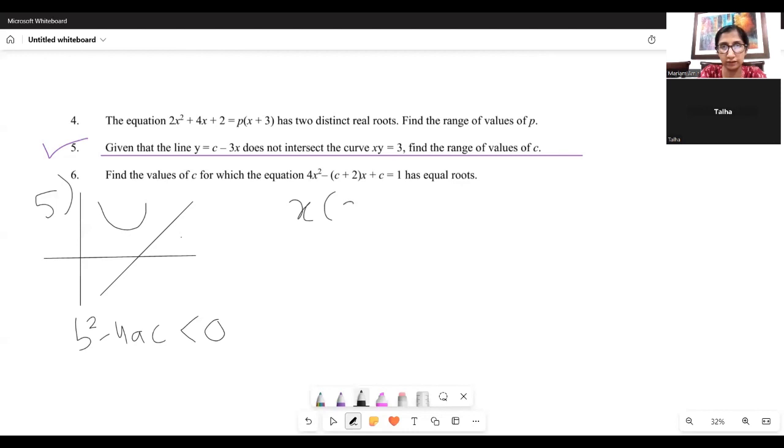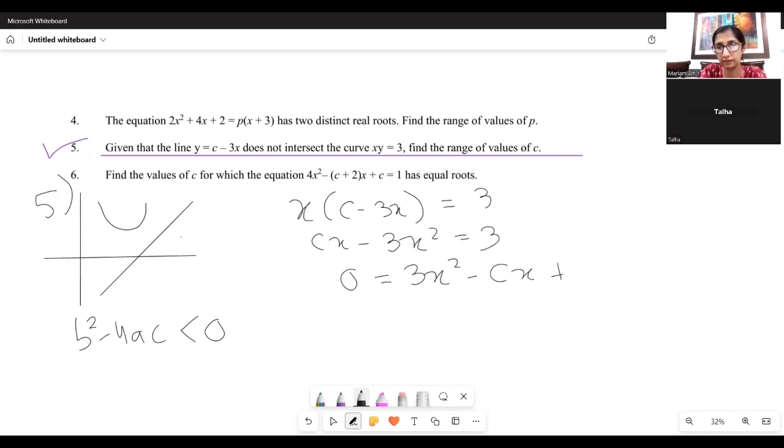X times c minus 3x equals 3. So cx minus 3x square equals 3. 0 equals 3x square minus cx plus 3. A is 3, B is minus c, and c is 3.